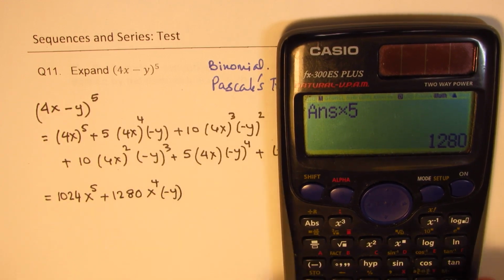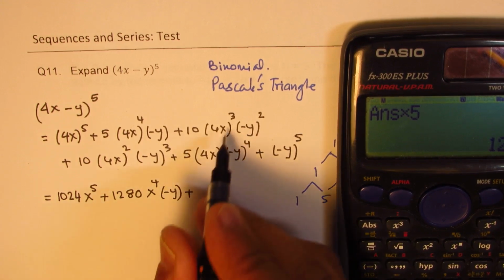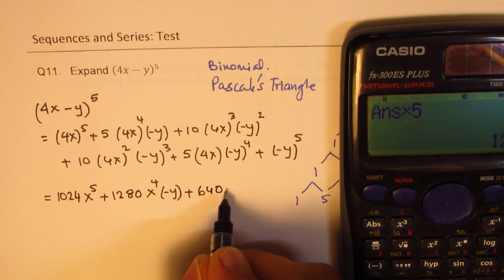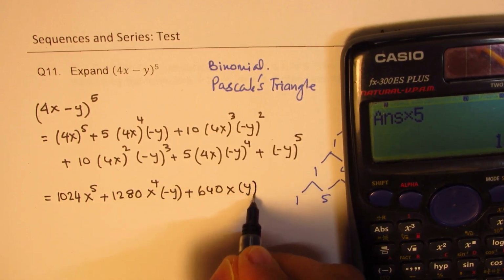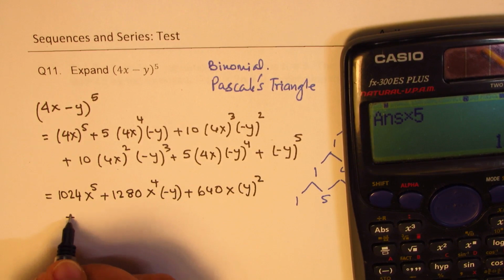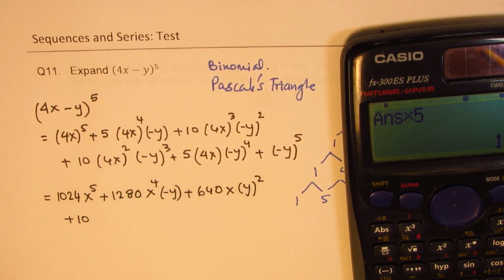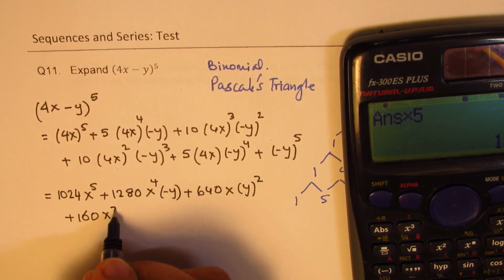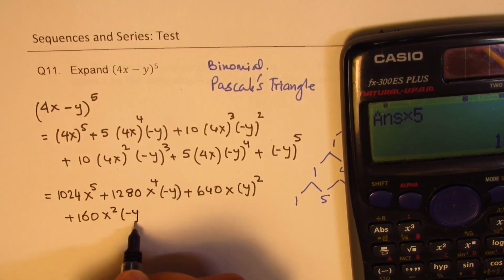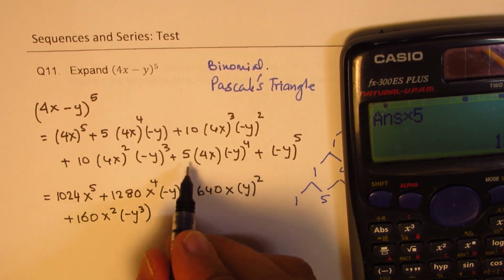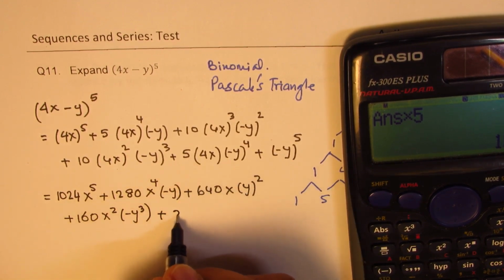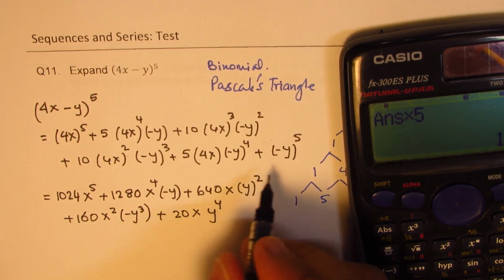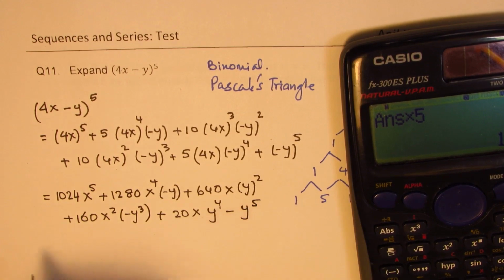Now here we have plus 10 times 4 cubed, 64, which is 640 x cubed, and this becomes y squared, which will be positive. Then we have plus 10 times 4 squared, which is 16, so we get 160 x squared, minus y cubed, okay, and then we have plus 4 times 5, 20 x y to the power of 4, and then we have minus y to the power of 5.